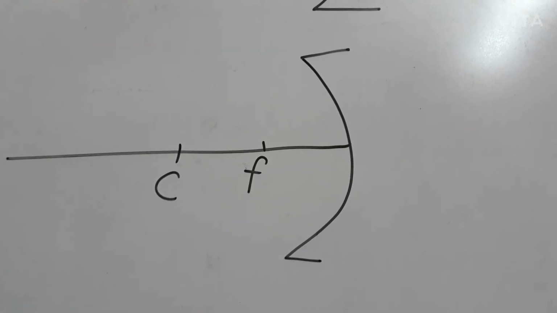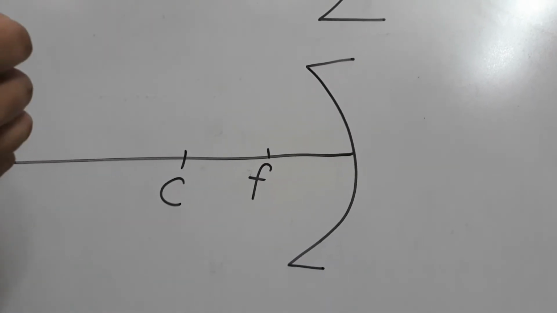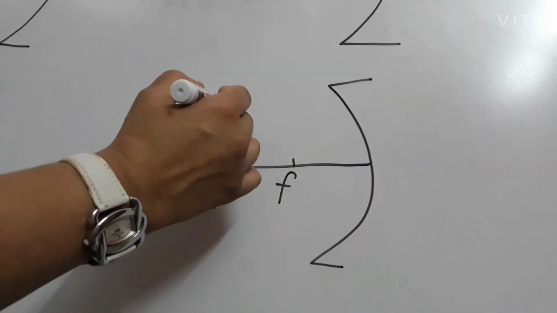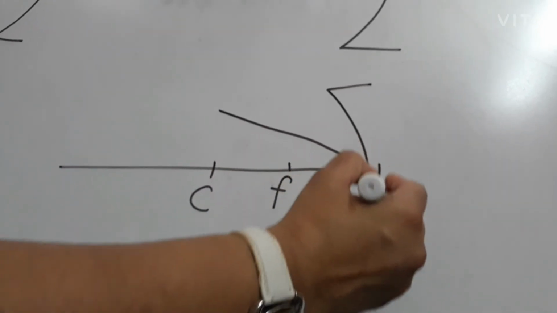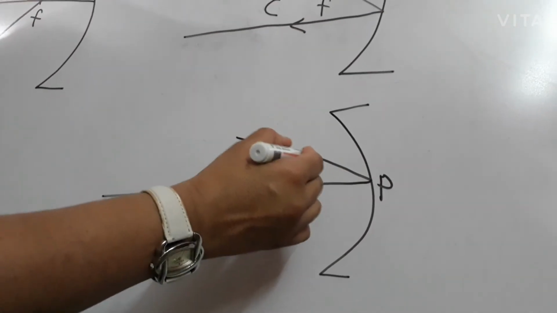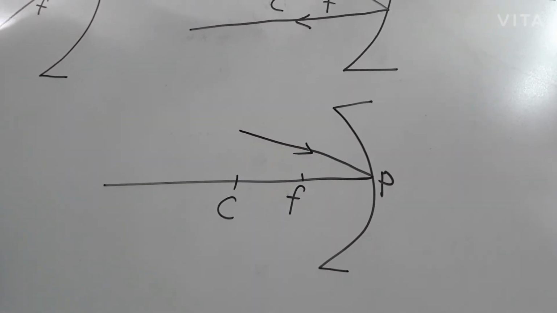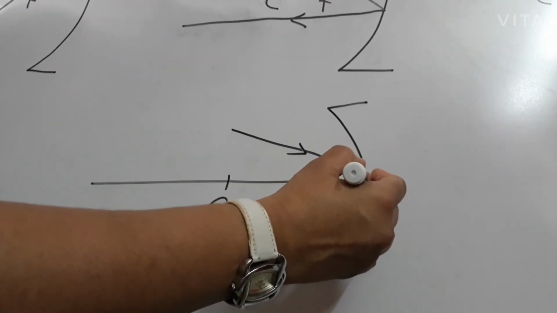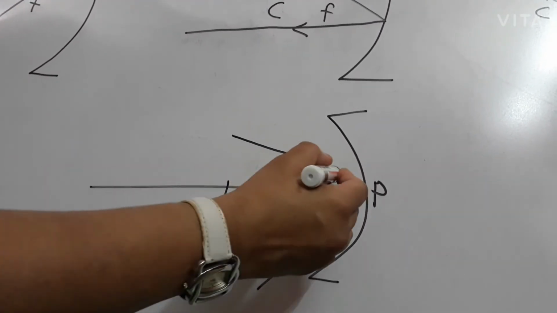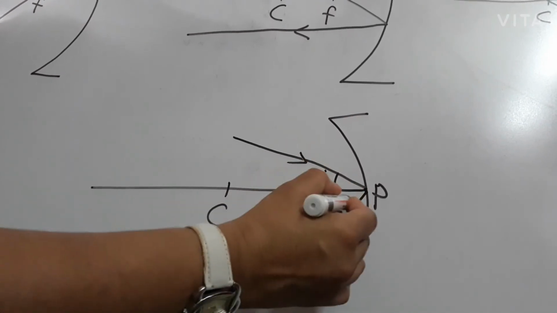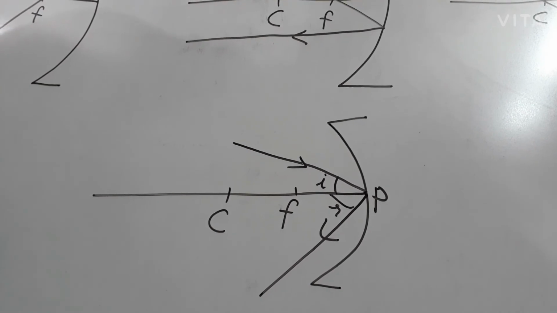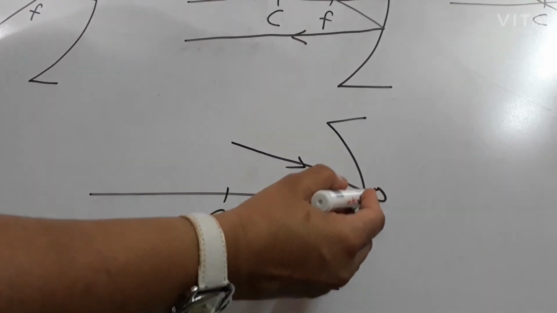The fourth rule of image formation says that when rays fall on P, the pole of the mirror, they always reflect at the same angle, meaning angle I and angle R will be equal. So the same angle will be formed at the pole.